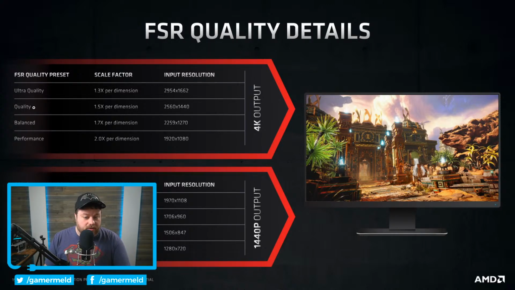So the quality preset takes a 1440p render and then upscales it to 4K. So we are going to be doing that. That's going to be pretty interesting, I think.